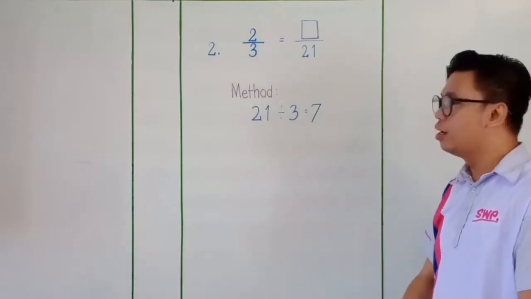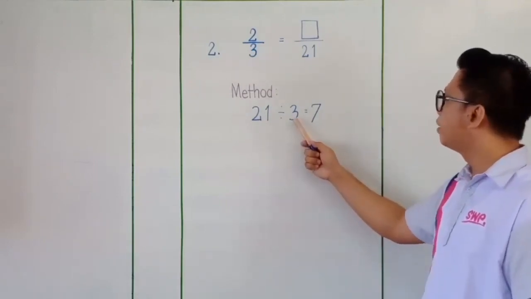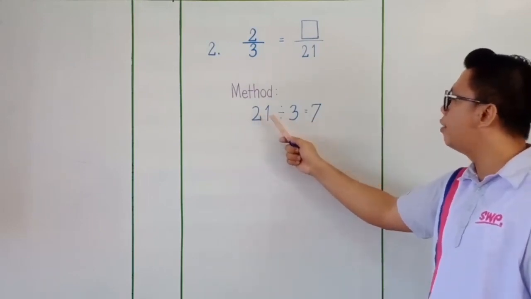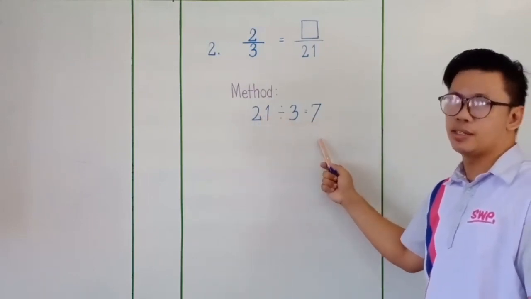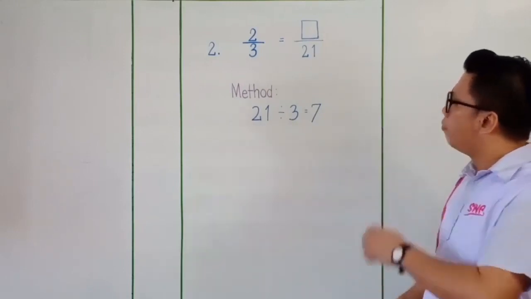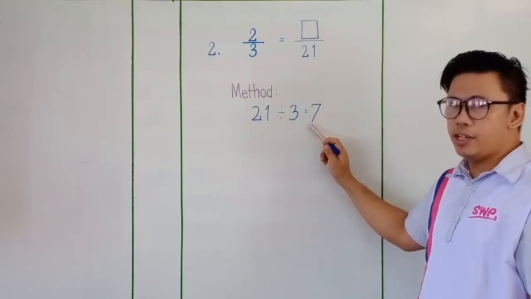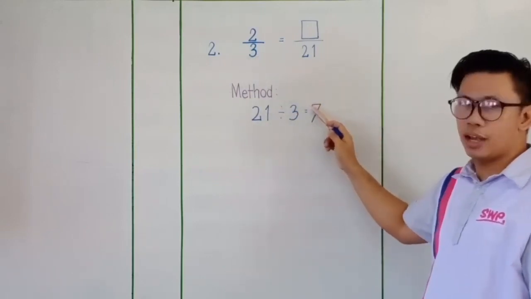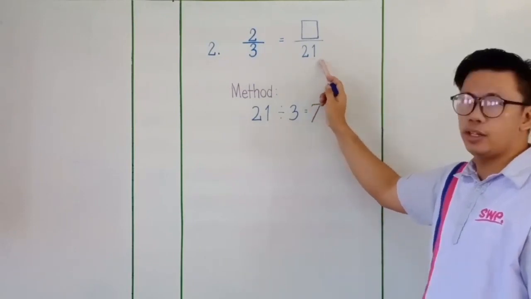Why 7? Because if you multiply 3 times 7 is 21. 21 divided by 3 is 7. So that is our answer. So the answer is 7. So it means that 3 is multiplied by 7 to have the answer 21.